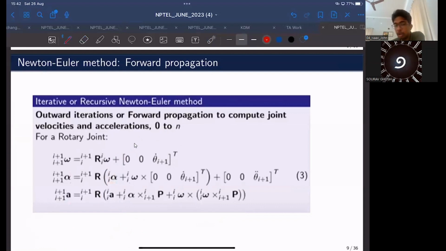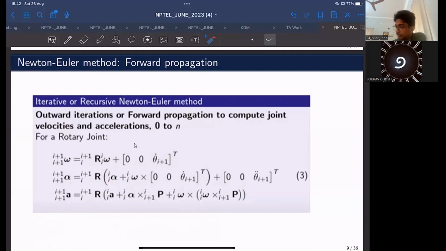So if you want to propagate velocities, omega I plus 1 with respect to I plus 1 is nothing but the angular velocity of the previous link. I'm saying the angular velocity of the next, subsequent link is the angular velocity of the current link plus whatever the joint is doing, whatever each of the joints is rotating.